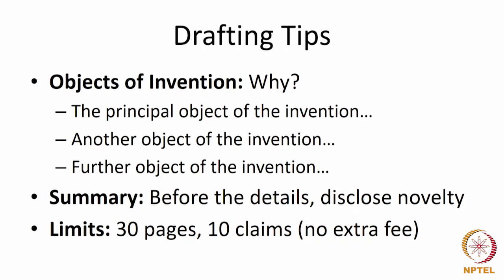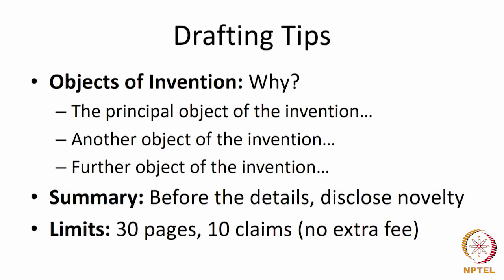So, in many patents you will find multiple statements; the first would begin something like, the principal object of the invention is so and so, another object of the invention is describing another object, a further object of the invention. So, you find multiple objects being described using these phrases. We had already seen that it is critical to refer to the objects of the invention, so that the purpose to which the invention is put is clearly described.